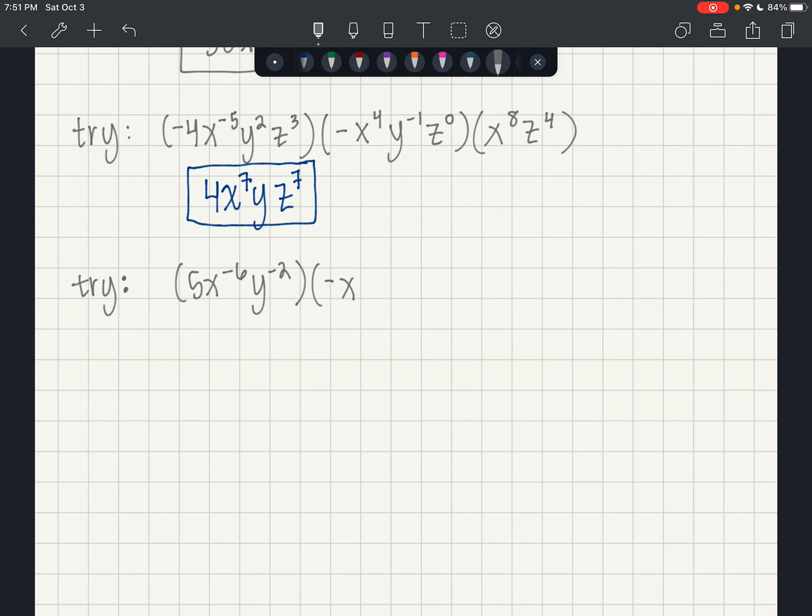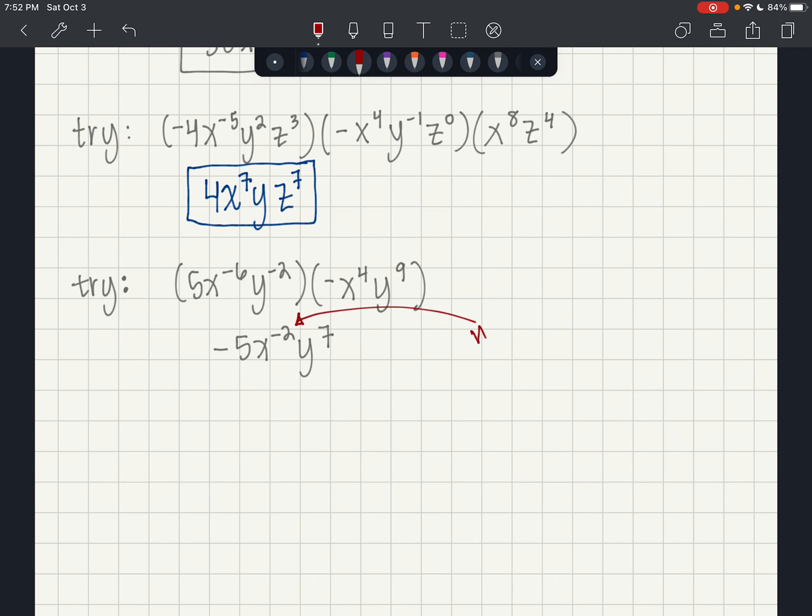Okay, here's one last try. Let's see if you can get this one. Go ahead and press pause and then come back. Now, if you are back and you got negative 5, x to the negative 2, y to the 7th, you have to go one step further.